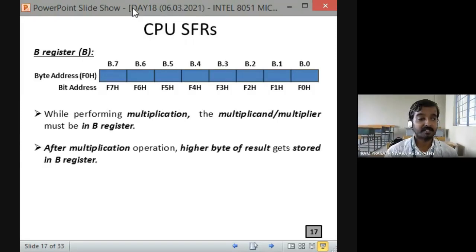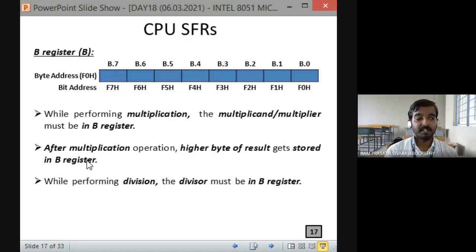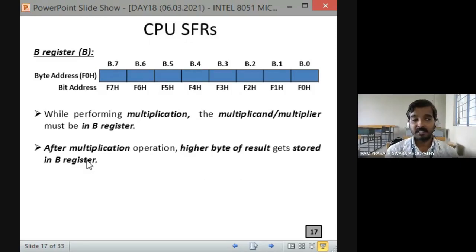In that case, after the multiplication operation, the higher byte of the result gets stored in the B register and the lower byte gets stored in the accumulator. Fine. Part of the result is in the accumulator, part in the B register.